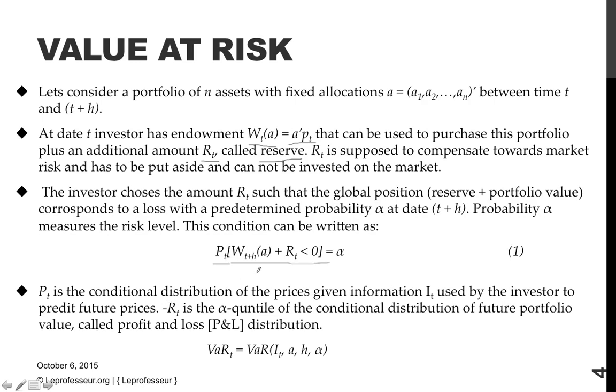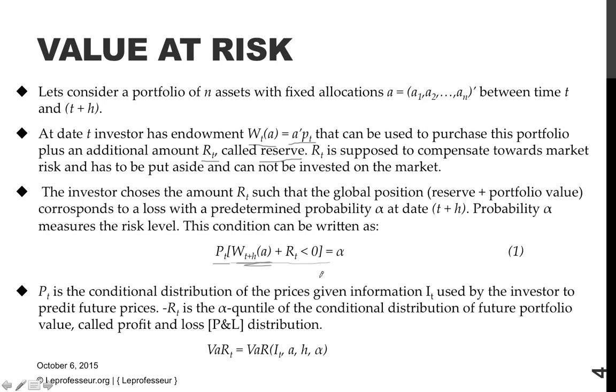So the probability distribution of our endowment, what's going to be after 1 day, because our time horizon is 1 day, let's say, and the reserve which we have at the current time, which we did not invest, right? So what is the probability that it is going to be less than 0, or in other words, we'll lose everything, right?